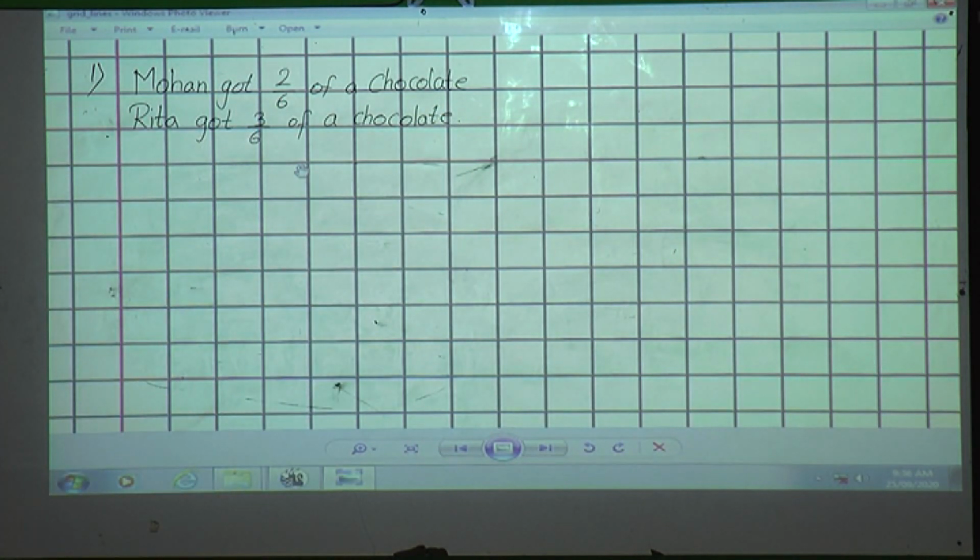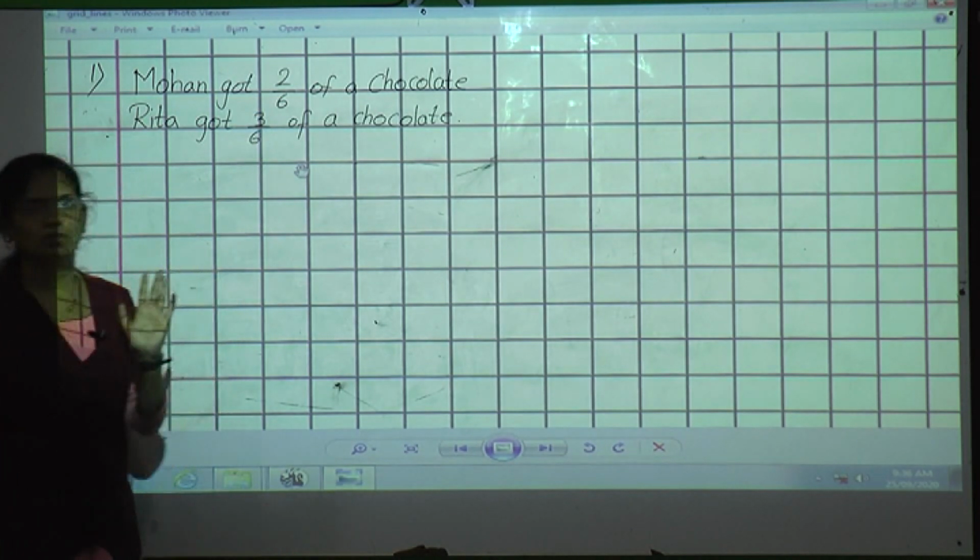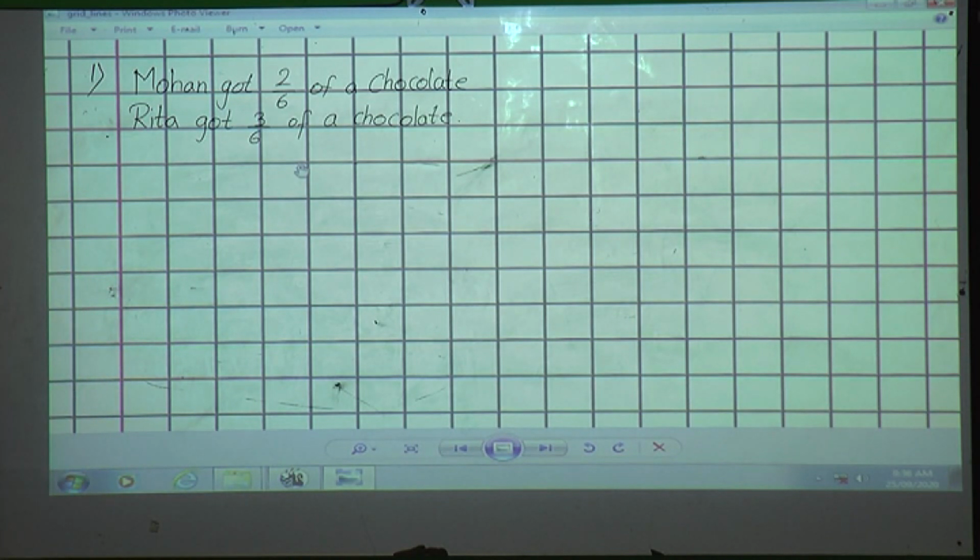What is the question? Who got more chocolate? So for that we have to do the comparison to find out who got more chocolate.